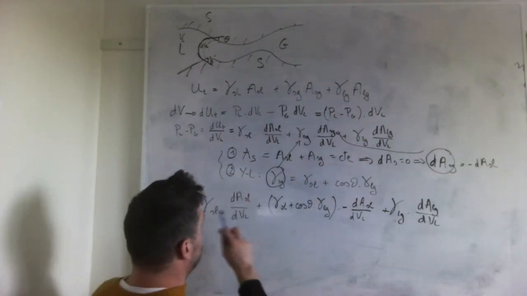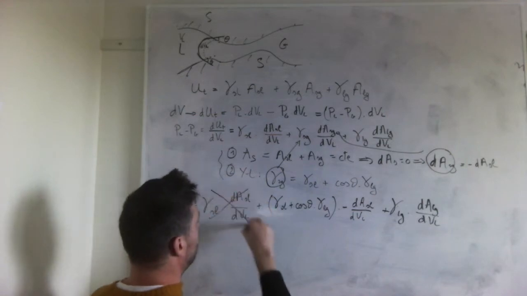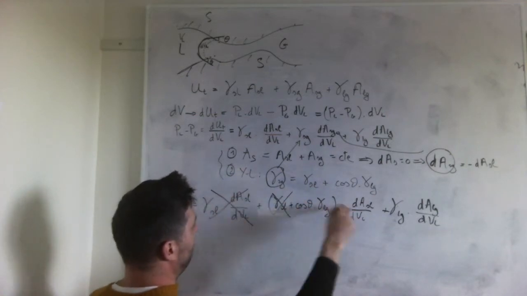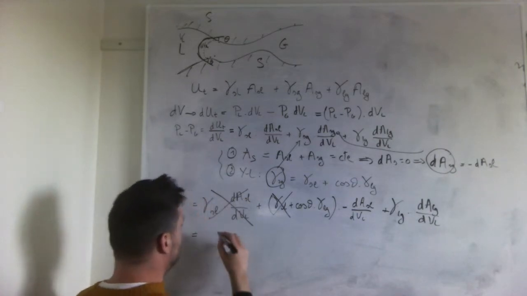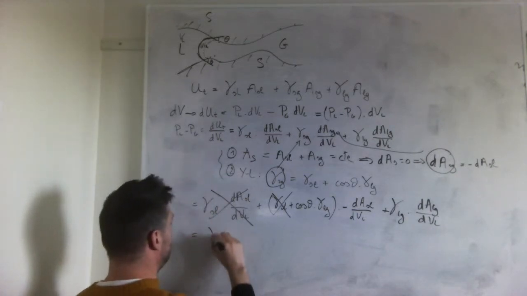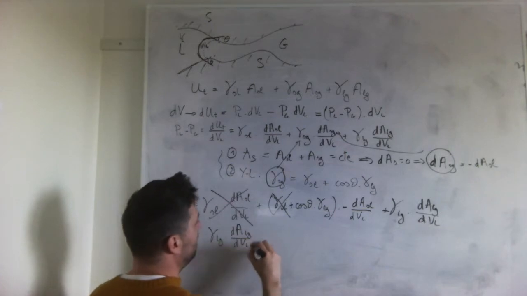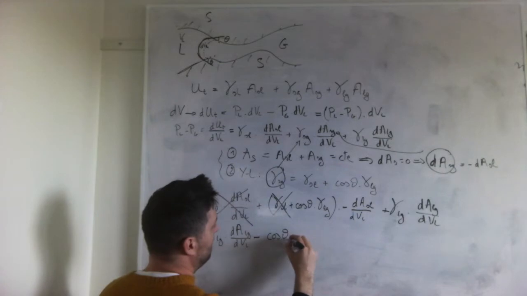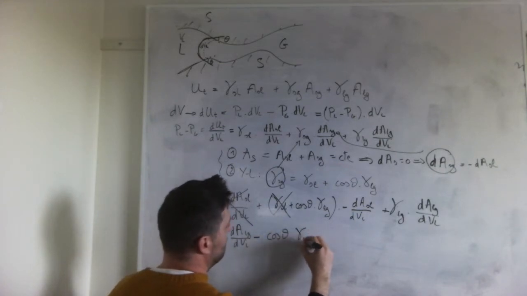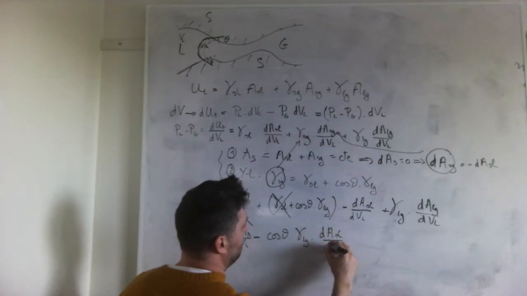And now we see that this term and this term will cancel out each other. So I can write equals gamma liquid gas times dA liquid gas over dVl minus cosinus theta times gamma liquid gas times dA solid liquid over dVl.